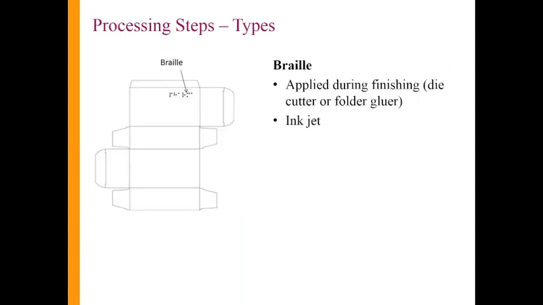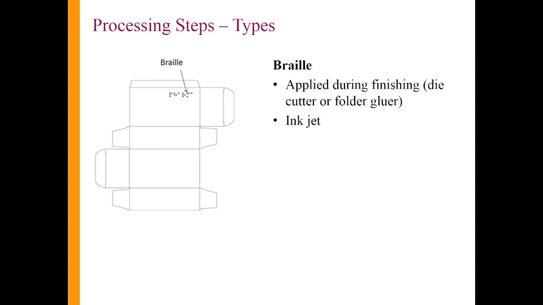packaging products, and in many cases, the originator of those CAD lines are specialized structural design applications. A second type of processing step is Braille. So text for visually impaired people. These can be applied during finishing, on a die cutter or on the folder gluer, or it could also be applied on an inkjet using UV hardening inks.